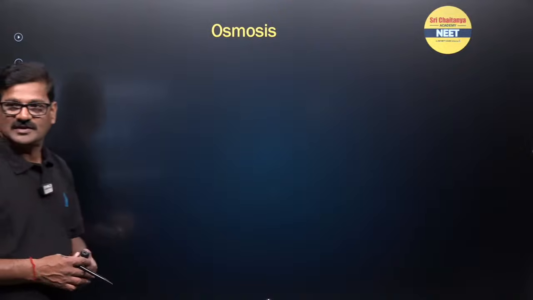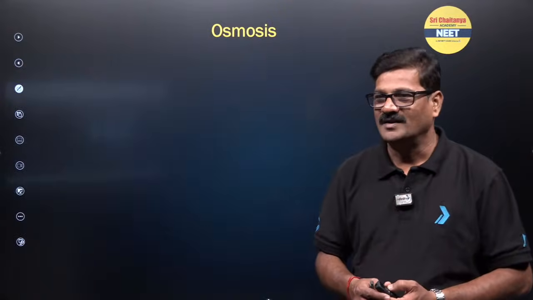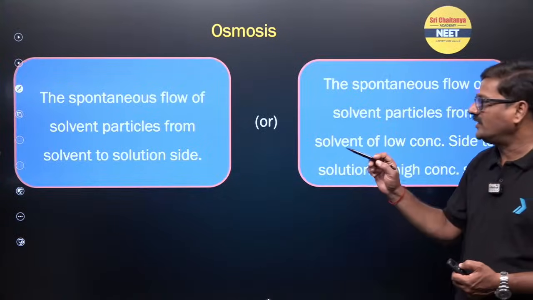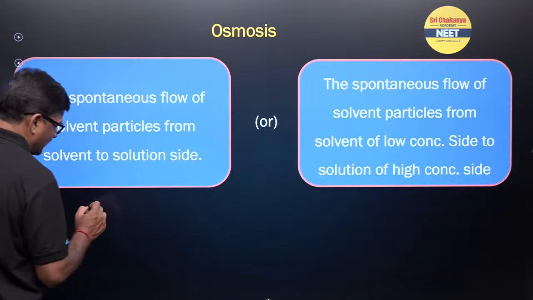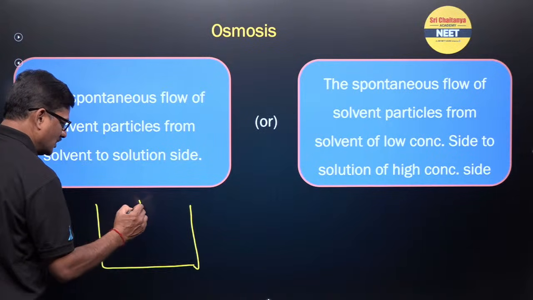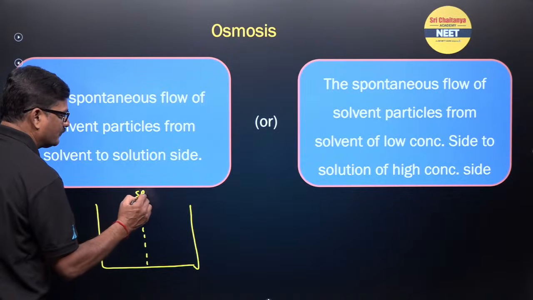Now one more important thing, osmosis. What is the meaning of osmosis? The definition is very important. It is the spontaneous flow of solvent particles from the solvent side to the solute side, from lower concentration to higher concentration, through a semi-permeable membrane.